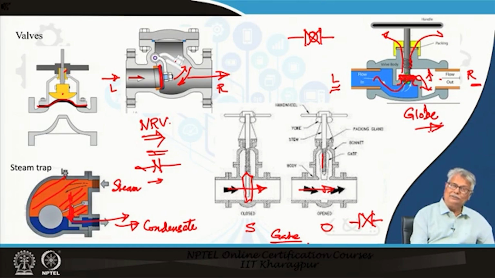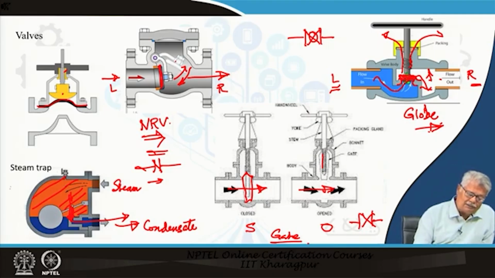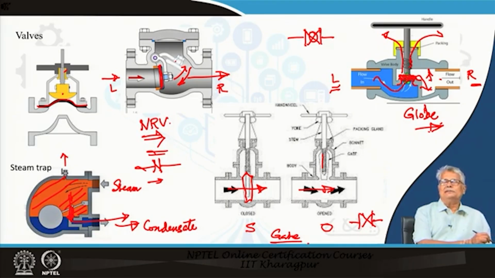You will also notice something very interesting. In all such steam traps, you will have here a small manual valve, because steam is supposed to be condensed. It condenses, but if it is contaminated with a small quantity of air, the air won't condense, or any other gas for that matter, and it will keep on accumulating here.